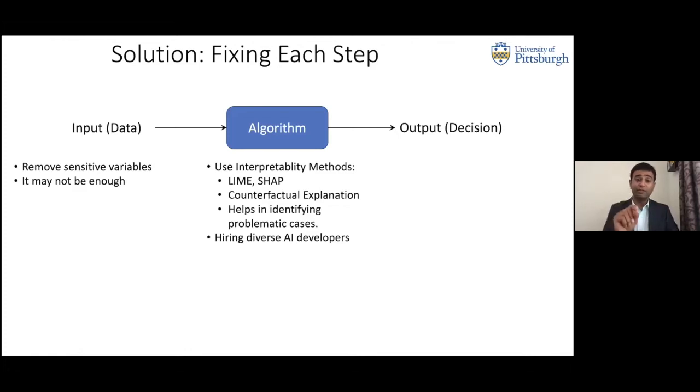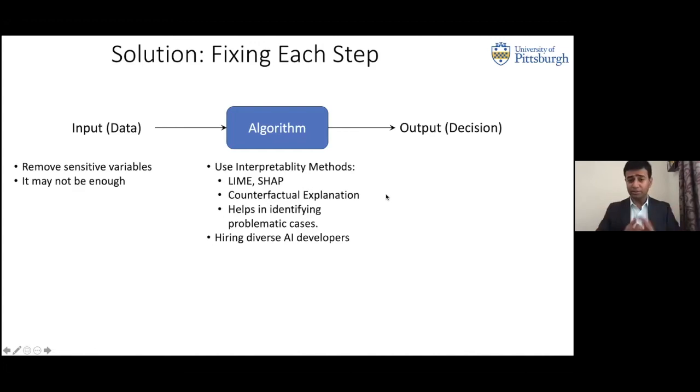If your gender variable or the race variable is playing a role in the decision, then LIME and SHAP will figure out how much weightage that variable has, how much role that variable is playing in the decision. Then you can probably remove those variables, or do something about it, or think about why gender or race is playing a role, because it may be correlated with some other variable. The other way is counterfactual explanation.